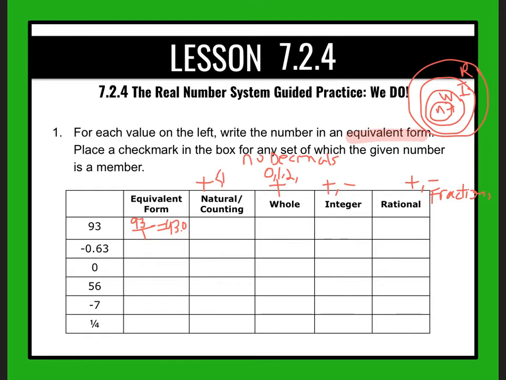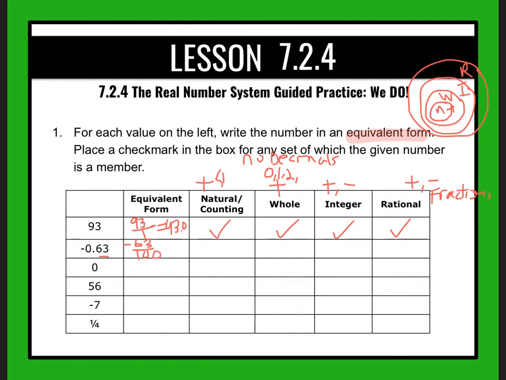So I can see that 93 meets the definition of natural numbers. It's positive. 93.0, even though I wrote it in decimal form, I don't have a 0.1 or a 0.2. It's not a part of another value. So it's whole, because if I'm natural, I'm whole, I'm an integer, and I'm rational, because I can write 93 as a fraction. Negative 0.63. Well, I know that this for sure is a decimal value. Another way I could write that is negative 63 hundredths.